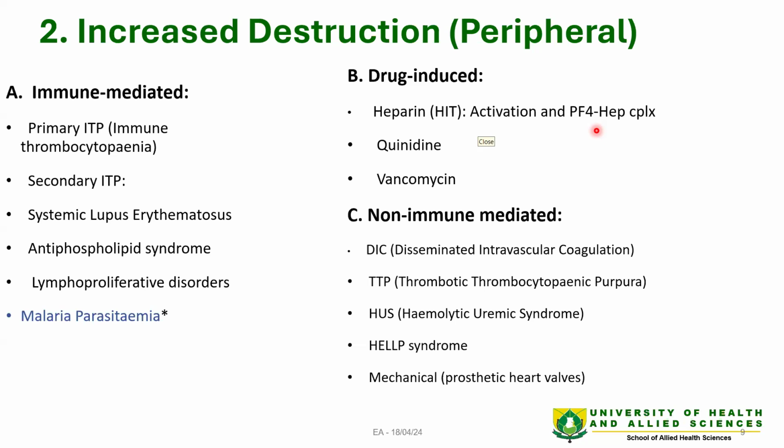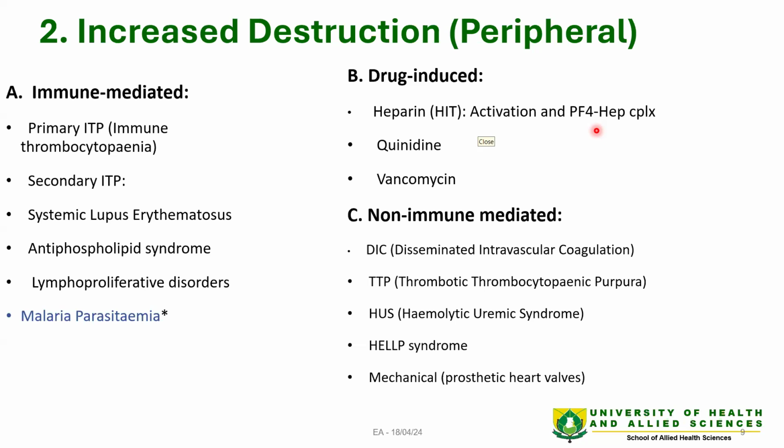However, it could form complexes with platelet factor 4. And when this complex is formed, it is seen by the immune system as being something which is foreign. And so these cells are mopped up or they are destroyed from the bloodstream.